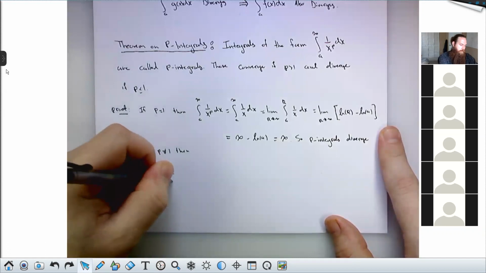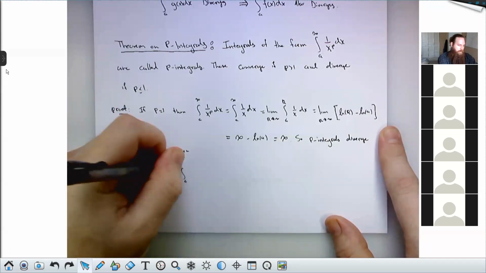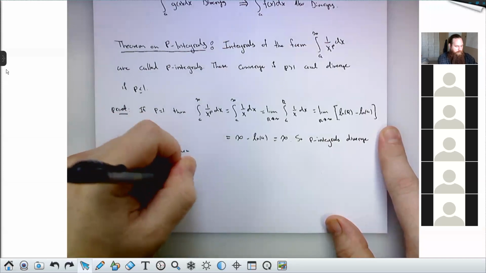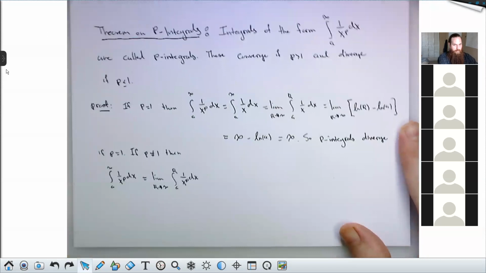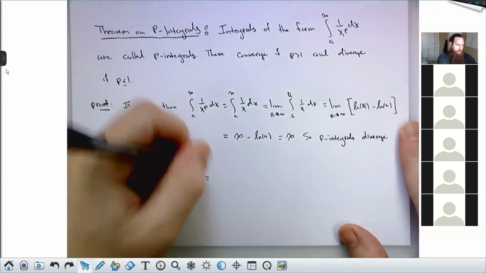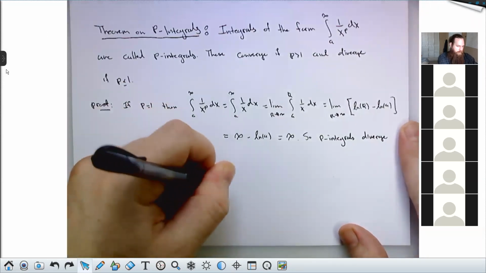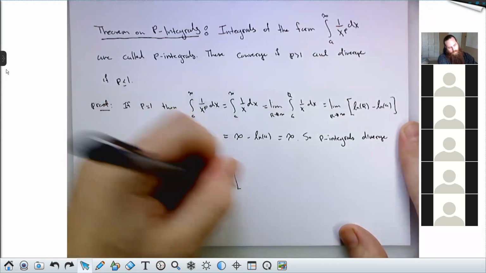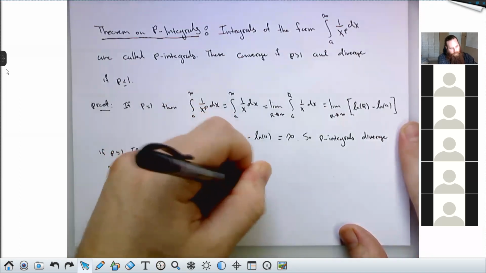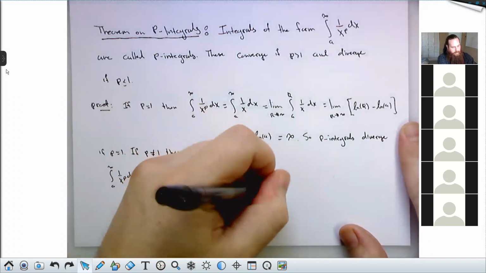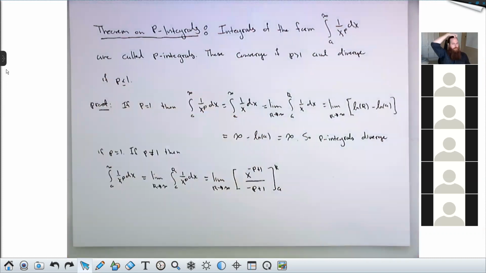That's the limit as r goes to infinity of the integral from a to r of 1 over x to the p dx, which is the limit as r goes to infinity of x to the negative p plus 1 over negative p plus 1, evaluated from a to r. Because 1 over x to the p is x to the negative p. You use your power rule. You add 1 to that power and you divide by that new power.